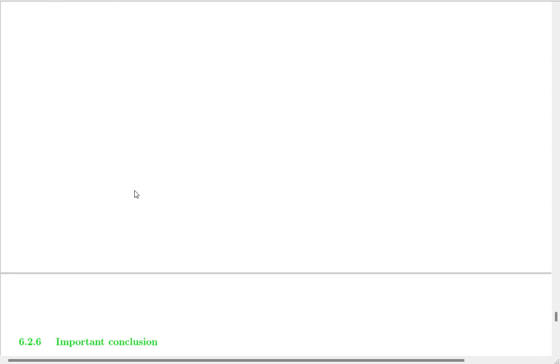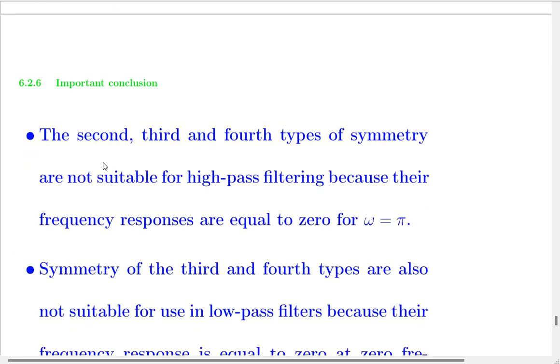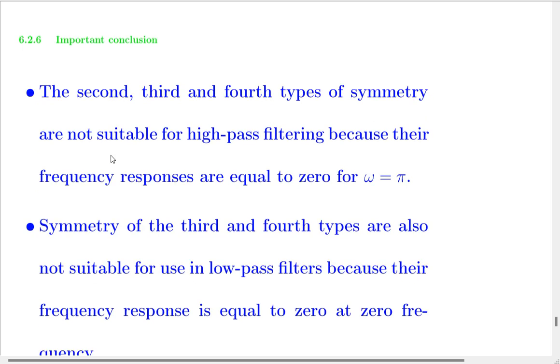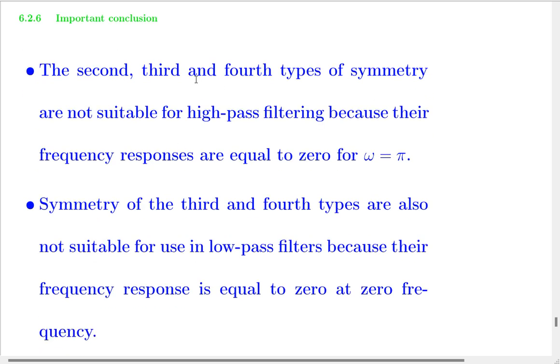So, having a conclusion, we mentioned 4 types of FIR filters leading to linear phase. Now, an important conclusion: the second, third, and fourth types of symmetry are not suitable for high-pass filtering because their frequency responses are equal to 0 for omega equal to pi.